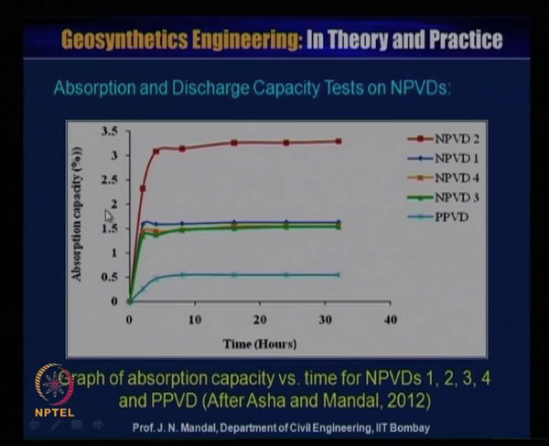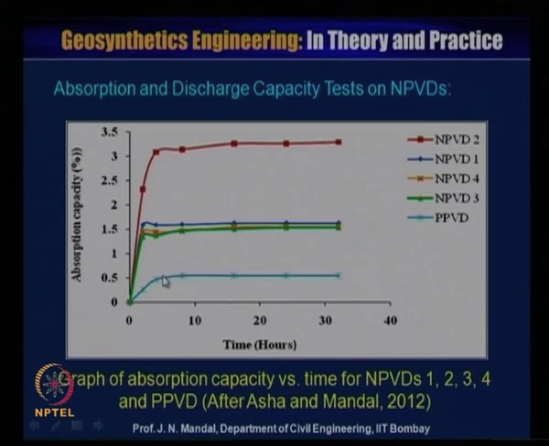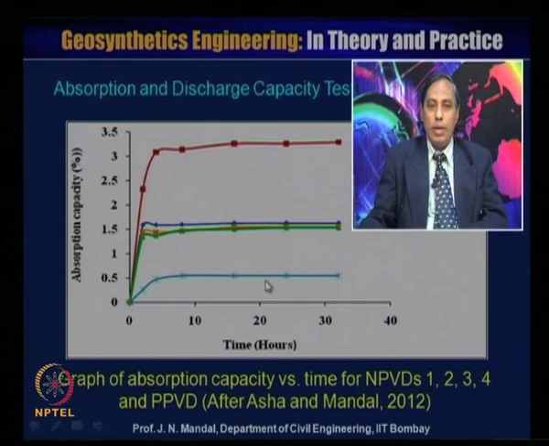So, here the graphs show absorption capacity in percentage versus time in hours for both the natural prefabricated vertical drains 1, 2, 3, 4 and the polyester prefabricated vertical drain. In case of the polyester prefabricated vertical drain, you can see that the water absorption capacity is less and as time passes, the water absorption capacity remains constant.